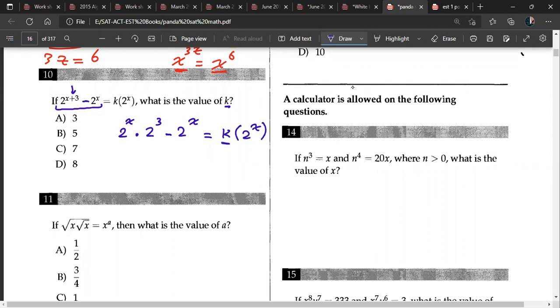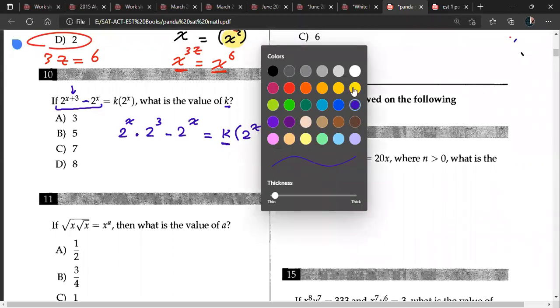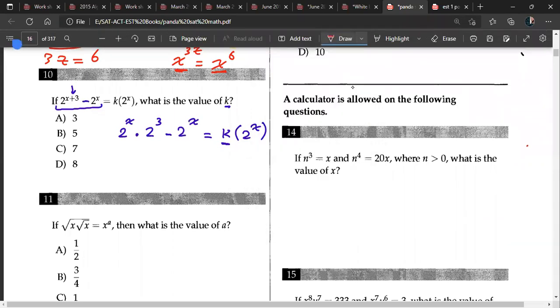He asked to find the value of k. Here we have a common part, 2 power x, for these two terms. You can take 2 power x as a common factor. So here you have 2 power 3 minus 1 equals k multiply 2 power x.